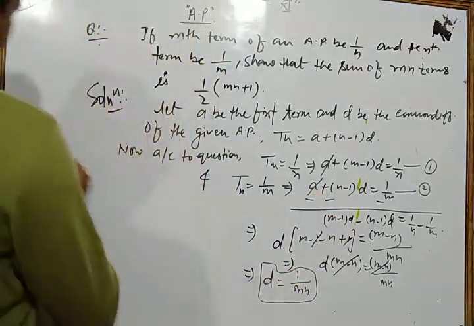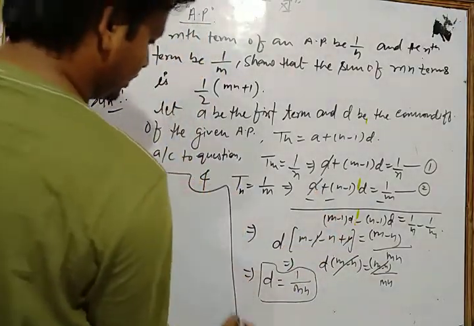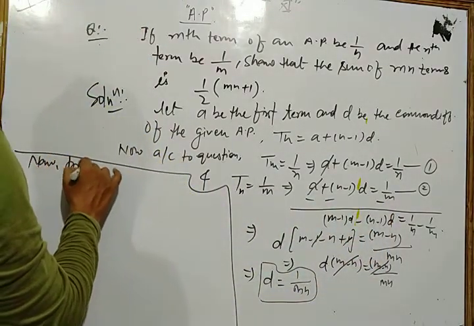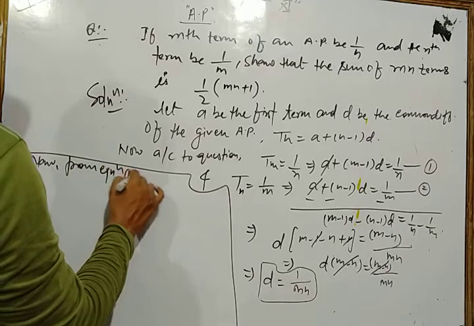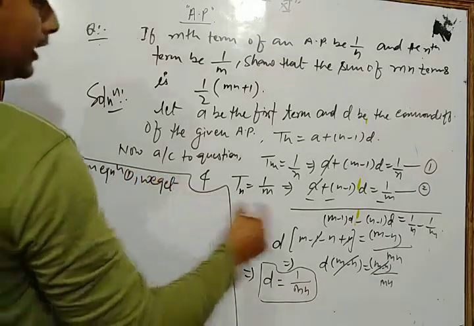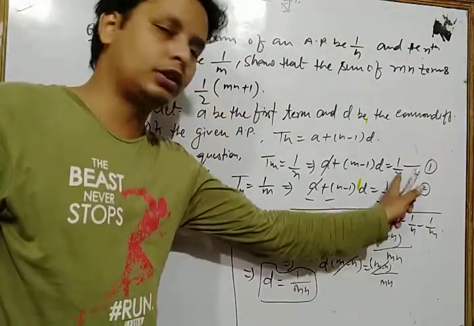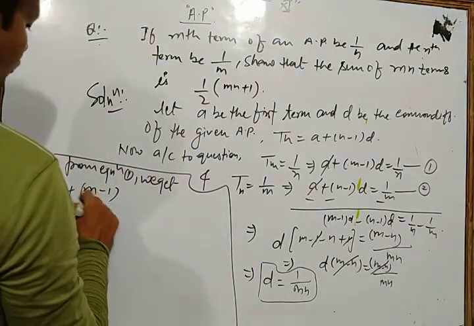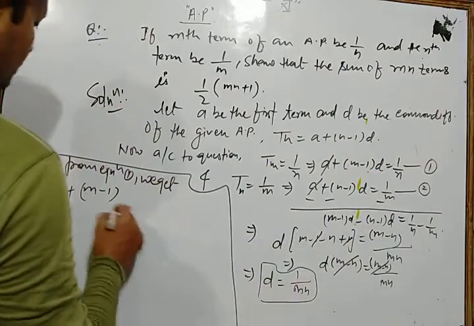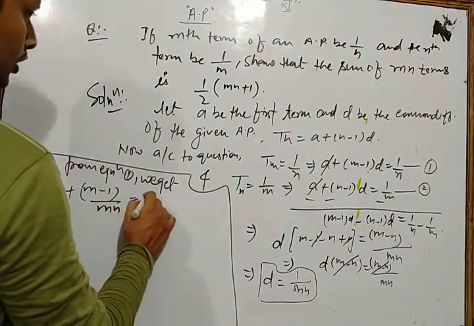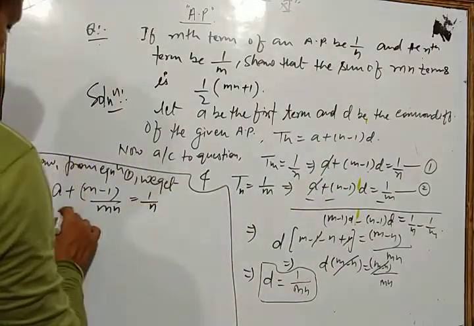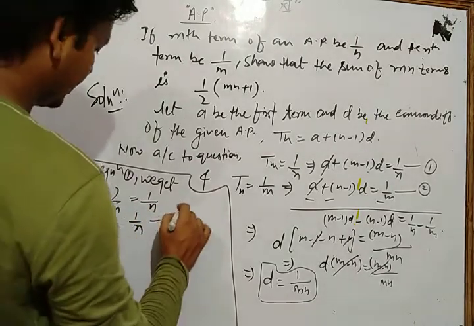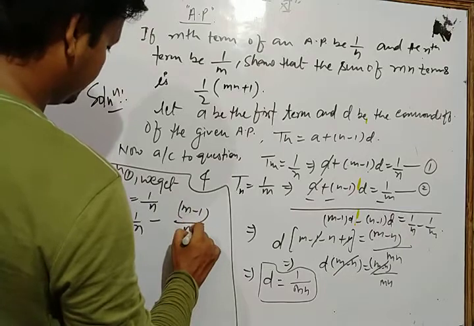Now from equation 1, we put the value of d in equation 1, and we get a plus (m minus 1) into d, where d is 1 upon mn, is equal to 1 upon n. Now we have a is equal to 1 upon n, transferring to that side, minus (m minus 1) upon mn.